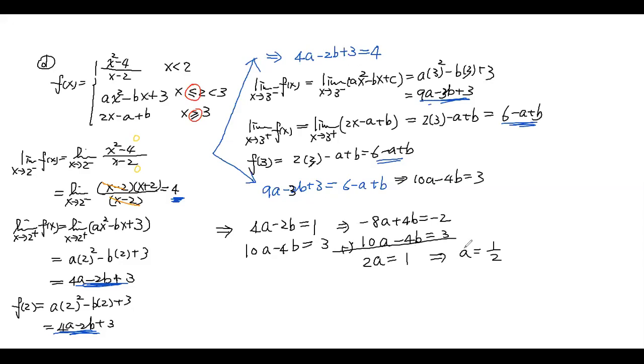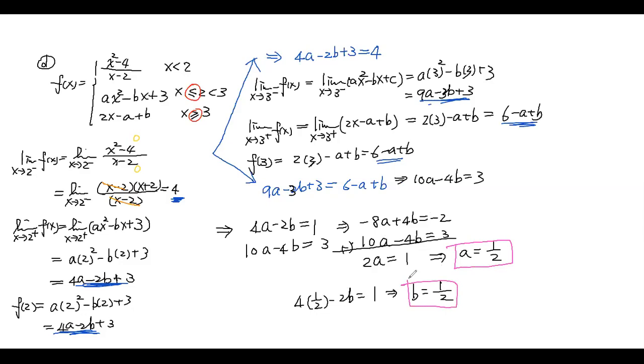Okay, so when you get a equal to 1/2, you can substitute back into your original equation. So this is 4 times 1/2 minus 2b equal to 1. So what I have here is b equal to 1/2 as well. Okay, so that's what we solved.